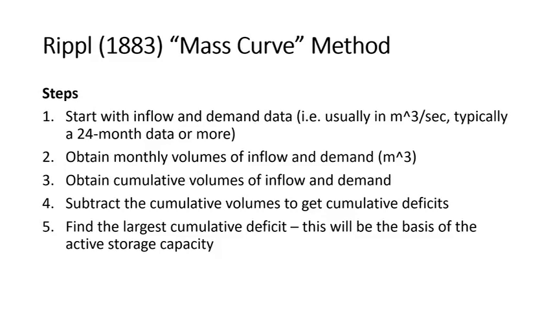So we have data on how much water can go into the reservoir from the watershed in cubic meters per second. And we also have demand data, or how much water is projected to be taken out of the dam in cubic meters per second.